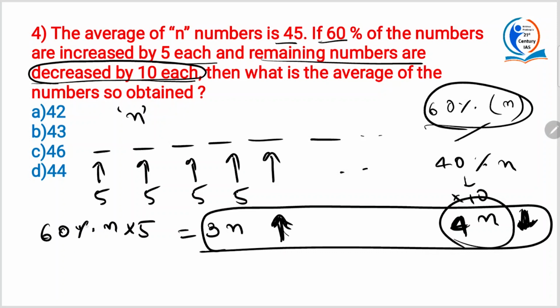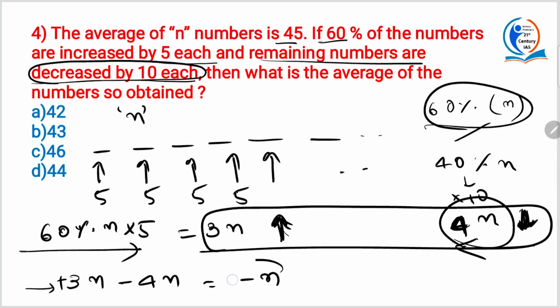Why? Because this is the net increase, this is the net decrease. Okay, so now if you want what is the total increase or decrease, how will you calculate? It is 3n minus 4n. Okay, so it is minus n. So the entire sum of numbers is decreased by n after doing all these operations.